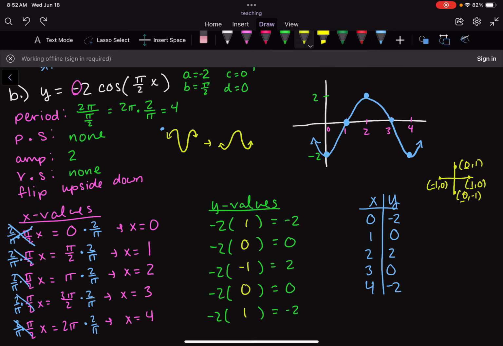And I just want to point out some things. We did not have a vertical shift, so the middle of our graph goes through 0. And then my amplitude being 2 means that I went up by 2, and then I also went down by 2 for the min and maxes.